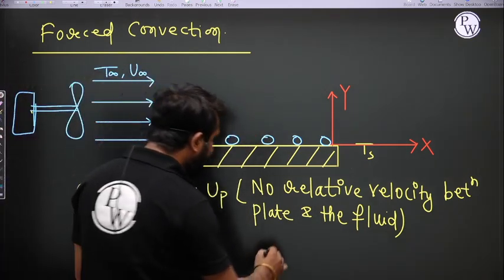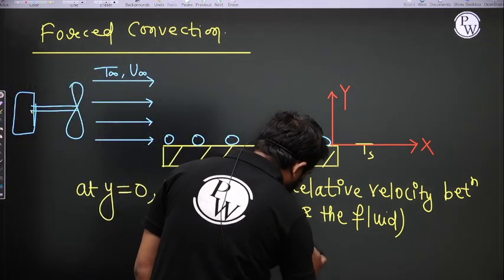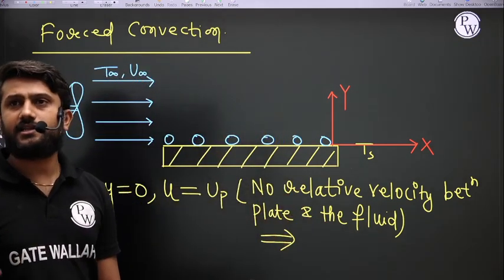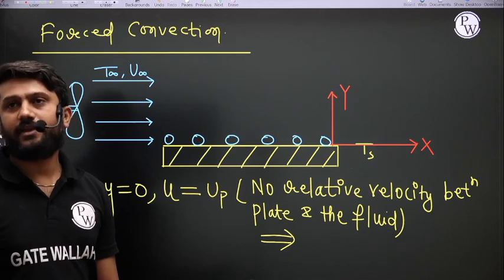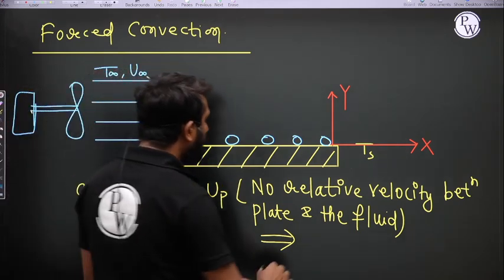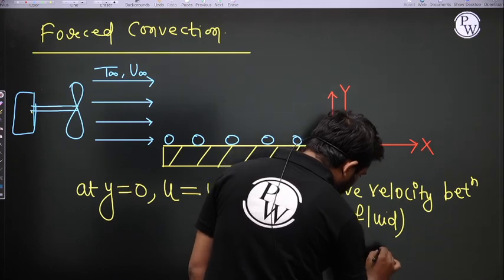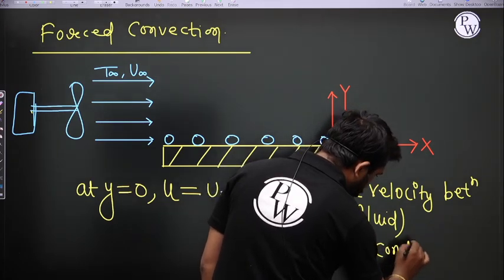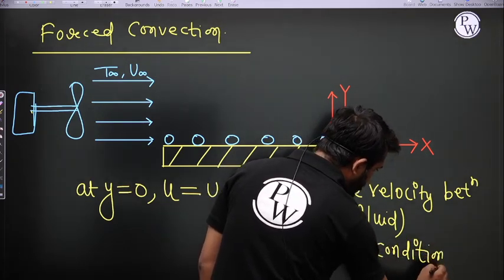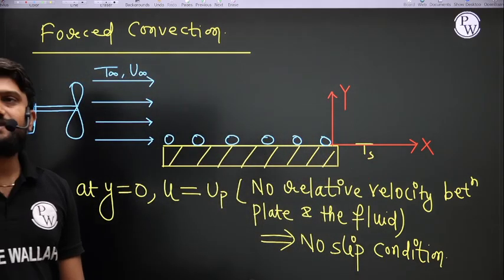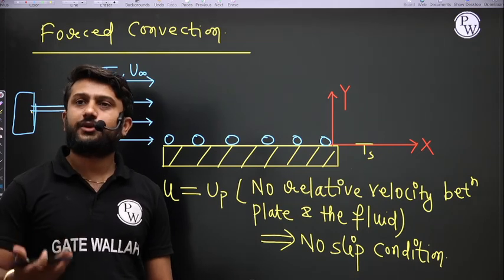And that's why this condition is known as the no slip condition. That means at y is equal to 0, u is equal to up.